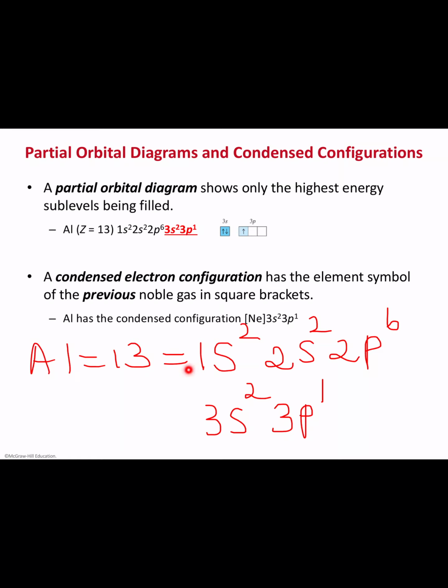Instead of writing the whole thing, you write the noble gas prior to the element and then the outermost electron configuration, which is 3s2 3p1. So that's how you write condensed electron configuration.